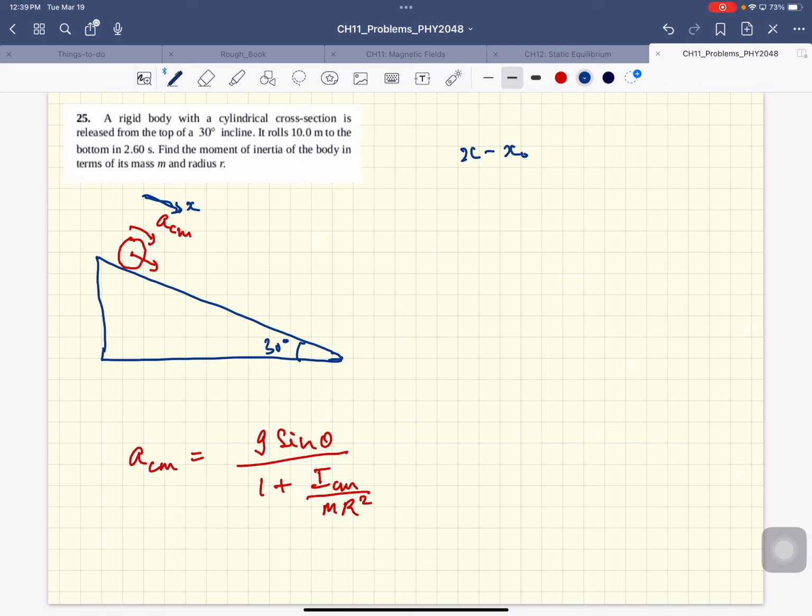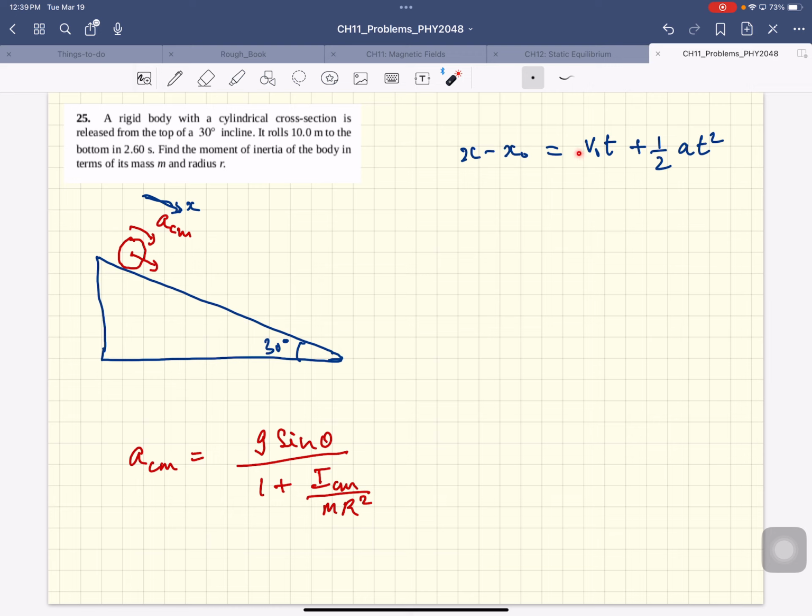We'll use this formula, v naught t plus 1/2 a t squared. Initial position is 0, final position is 10 meters. It rolled down 10 meters, so this would be 10 meters.